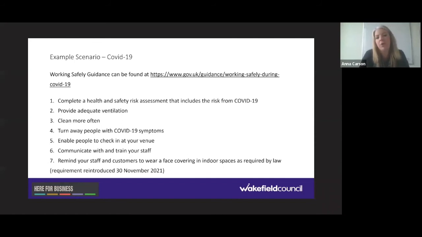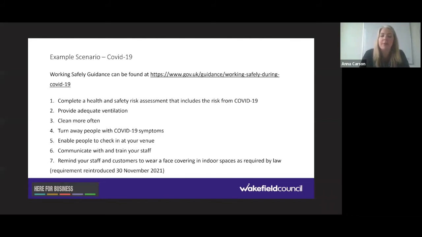Turning away people with COVID-19 symptoms. If you're turning them away and people are staying away from the workplace, then it's hopefully not coming in and therefore can't be passed on to other people. The Working Safely guidance currently talks about enabling people to check in at your venue. Now, this is relevant to some venues such as hospitality and leisure and visitor attractions.